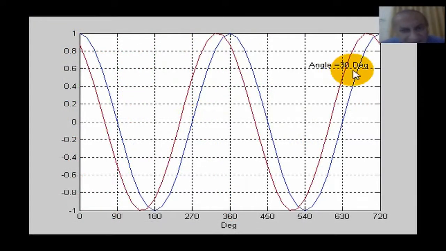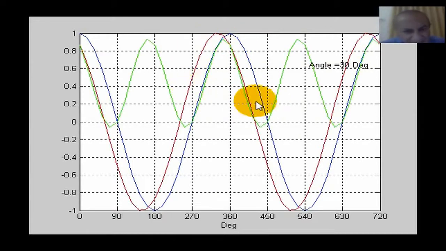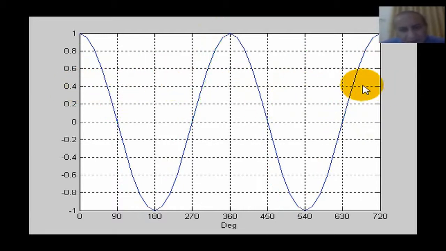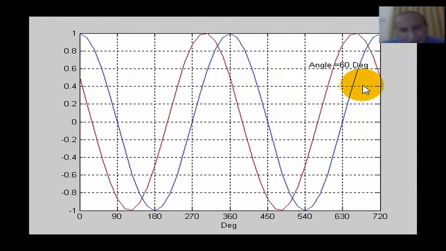Now the phase is 30 degrees, the current is shifted to the left, and the power has some instantaneous power below zero, and the average is generally positive.